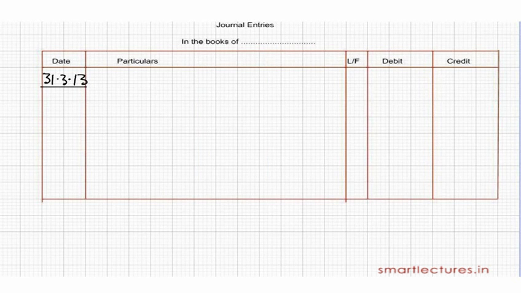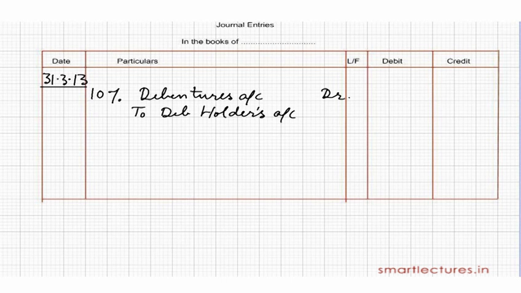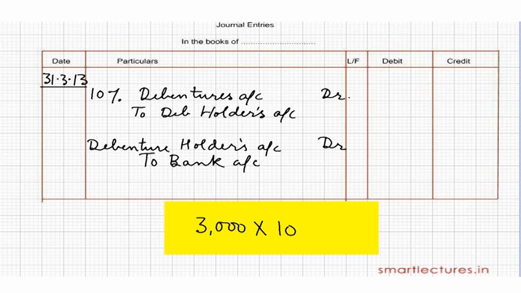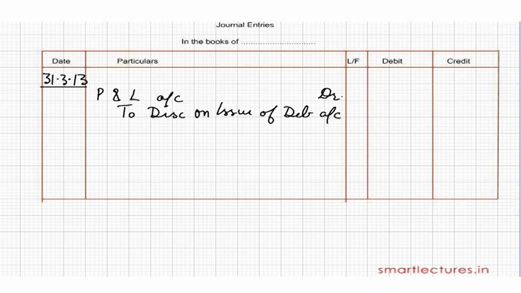31st March 2013. Again, we have to do two things. We have to redeem 3,000 debentures, and we have to write off the discount account. So the journal entries will be 10% debentures account debit to debenture holders account, debenture holders account debit to bank account. And the amount will be 3,000 into 10, 30,000 rupees. And profit and loss account debit to discount on issue of debentures account. And the amount will be 1,500.